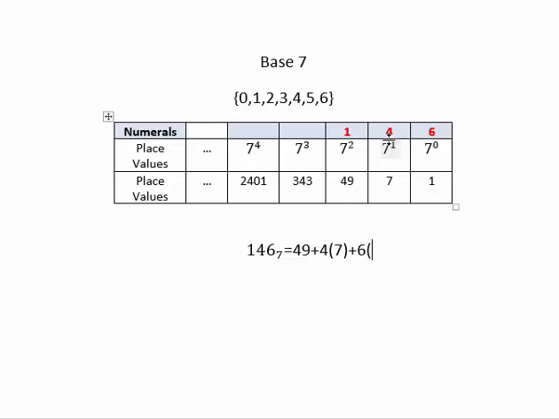And I'm going to add to that 6 1s to find out what this number is, what we know this number as. And so I get 49 plus 28 plus 6. And I add those together, and I would get 83. So 146 base 7 is the same as our number 83.